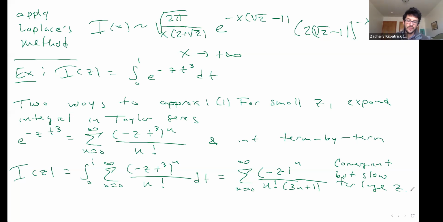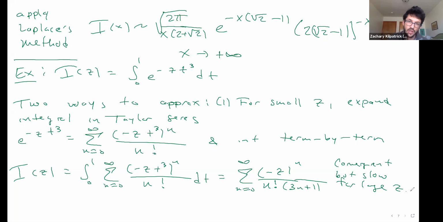Okay, but it's going to be super slow for large z, right? We have this algebraic expansion, and as we see typically for something like Laplace's method, stationary phase, method of steepest descent, usually we get transcendental terms that you can't really get using just these term by term expansions, okay?